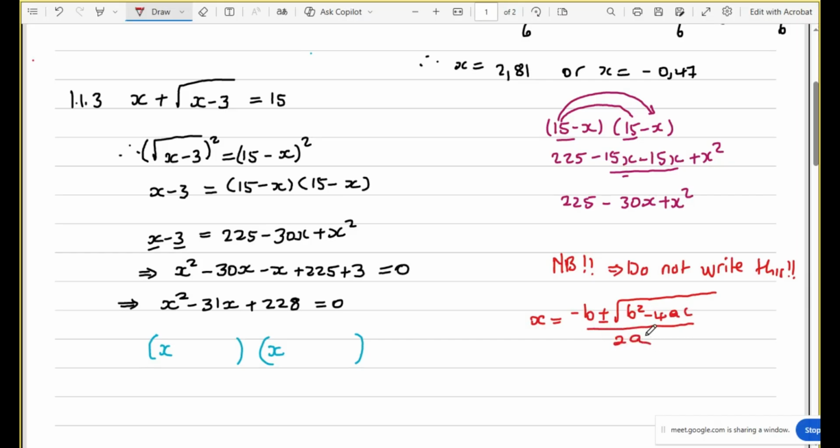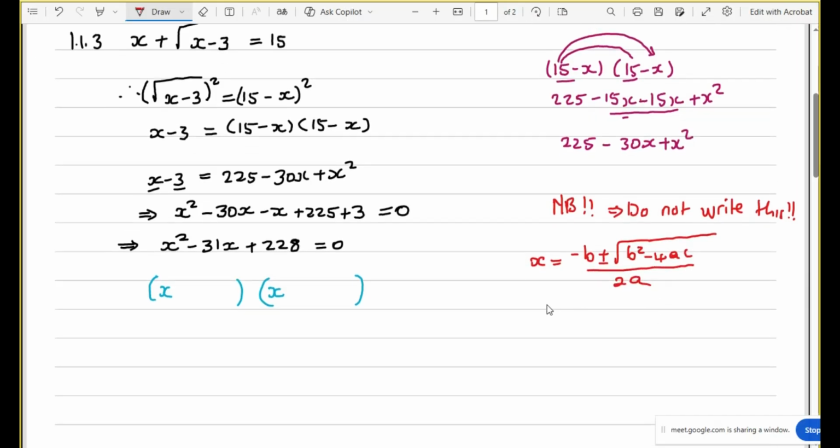And then let's do the substitution. So x is equal to minus, where there's b, I'm going to put minus 31 because that's the value of b, plus or minus the root of, where there's b, I'm going to put minus 31 squared minus 4 into a, which is 1, c, 228.